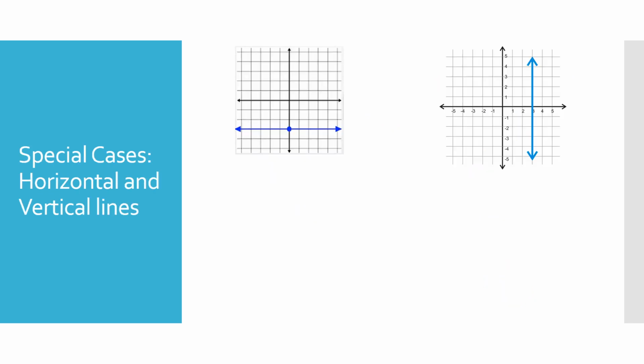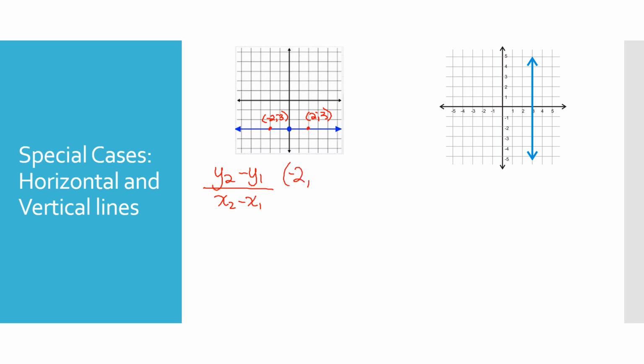Okay, the formula. So I'm going to go ahead and pick this point and this point. This is -2, comma -3, and this is 2, comma -3. Okay, so remember our slope of the line is y2 minus y1 all over x2 minus x1. And our first step is to identify our points.